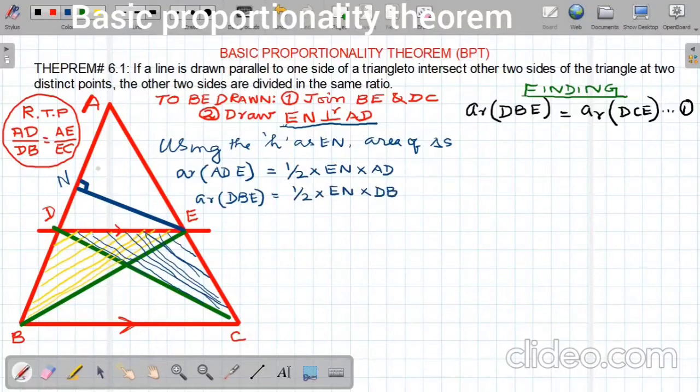We are using the same height for both these triangles, ADE and DBE. Now we divide: area ADE divided by area DBE is equal to AD by DB.